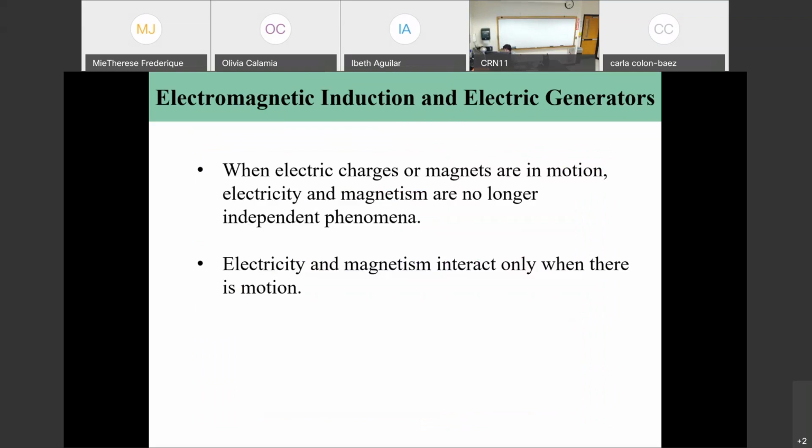That's how we know electricity and magnetism relate to each other: they interact only when there is motion. A moving charge produces a magnetic field, and a current also. Static charges do not. However, with electric fields, when I introduced electrostatics, there are electric fields from static, non-moving point charges, right?